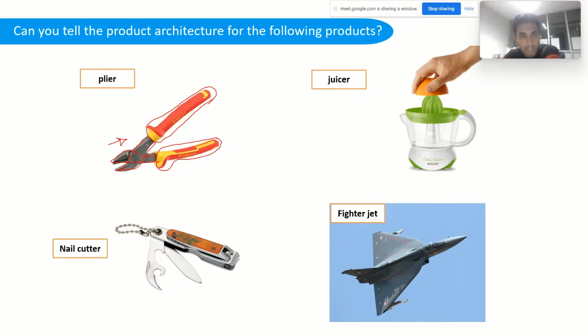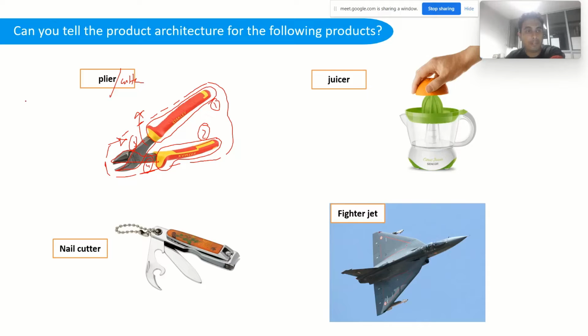But if you separate these, this will not act as a plier or cutter. So the overall functionality will exist only with the integration of all these four elements: one, two, three, four. So this is an integrated architecture, an integral architecture. Understood?